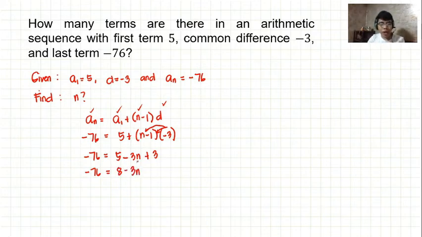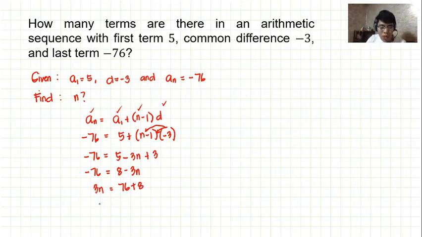Now solving for n, I will just rearrange the values here. So negative 3n, I will put it in the left-hand side of the equation. So you have 3n equal to, so bakit 3n yan? We will just add, right? Positive 3n both sides. Okay, so we have 3n equal to, then negative 76, I will add 76 both sides. So we will have 76 here and plus 8.